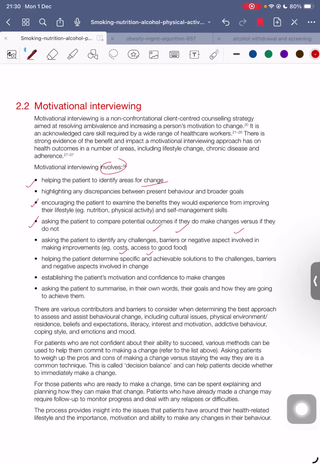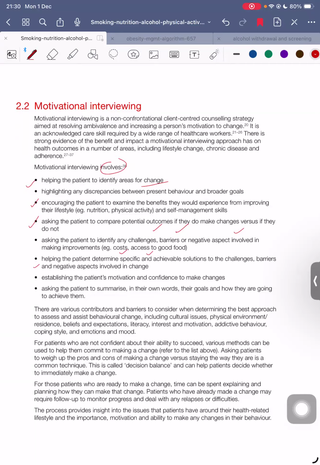Then help the patient determine specific and achievable solutions to the challenges, barriers, and negative aspects involved in the changes.